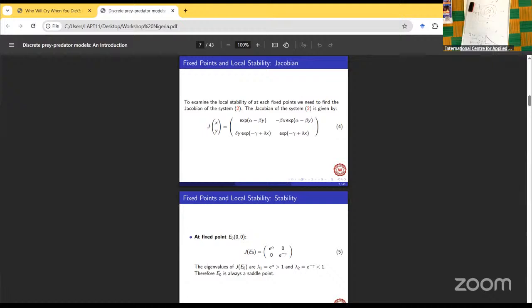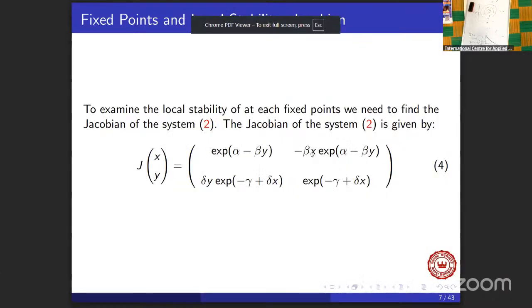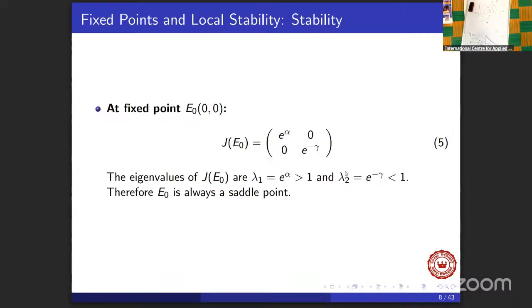Now we compute the Jacobian matrix of the system of this model and try to find the local stability at each point. See, at E0, we find two eigenvalues. Lambda 1 is equal to e to the power alpha and lambda 2 is e to the power minus gamma.